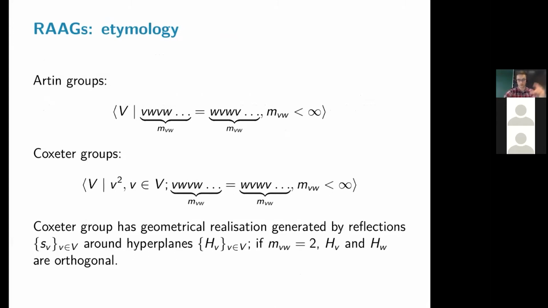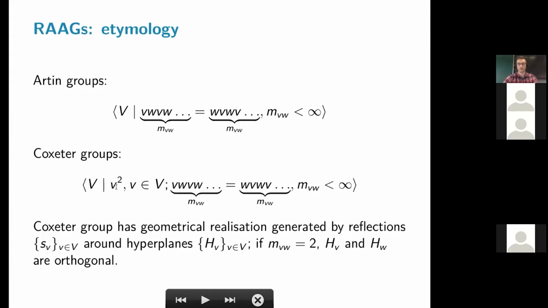You start with a labeled graph. The Coxeter group associated with the graph is the group generated by all vertices V, with the same relations as for the Artin groups, but with an additional relation, namely that every vertex has order 2. So your group is in fact generated by involutions.